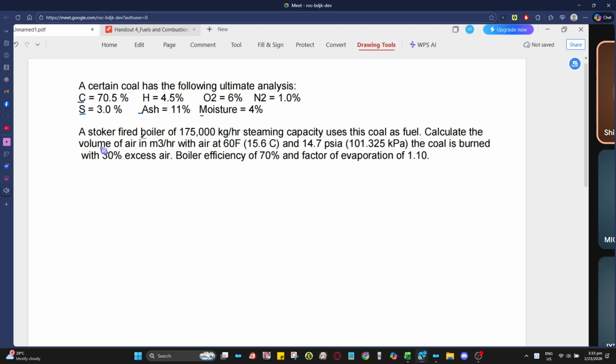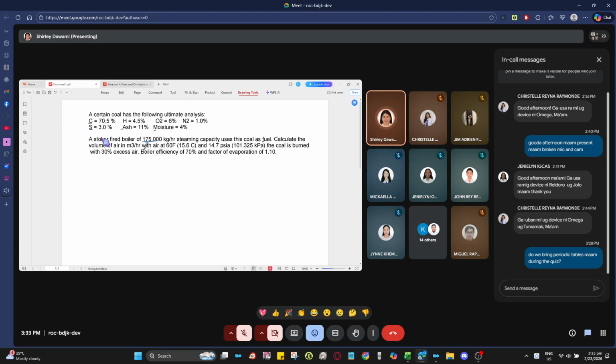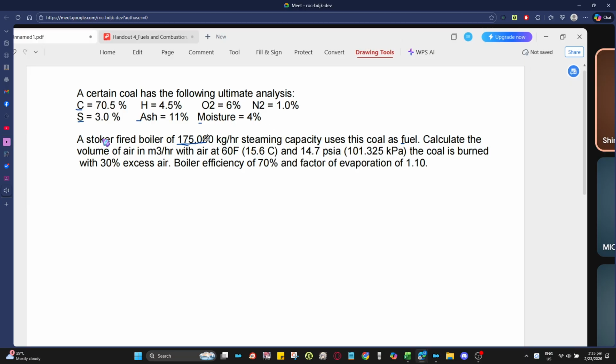A stoker-fired boiler of 175,000 kilograms per hour steaming capacity uses this coal as fuel. This is the amount of steam produced per hour by the boiler. Steaming capacity is a flow rate.